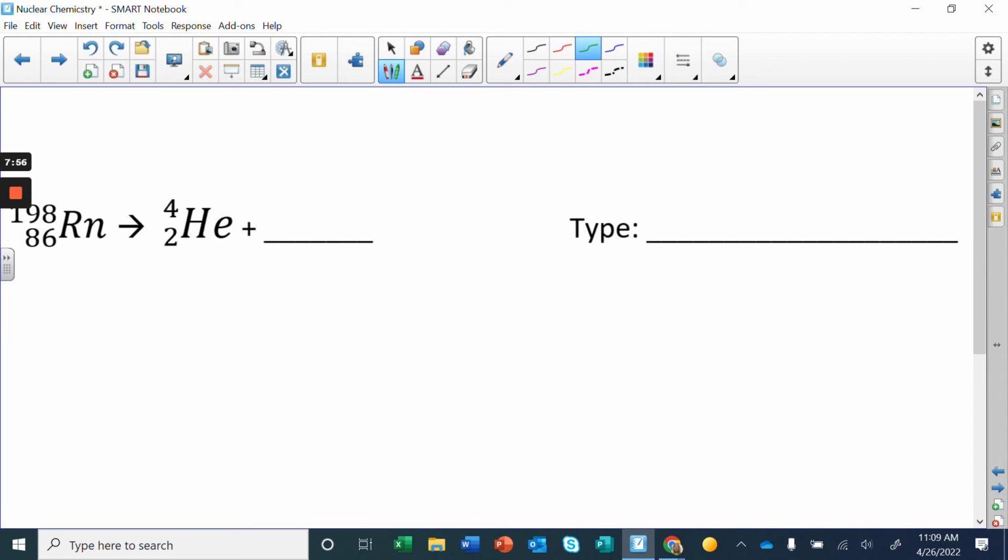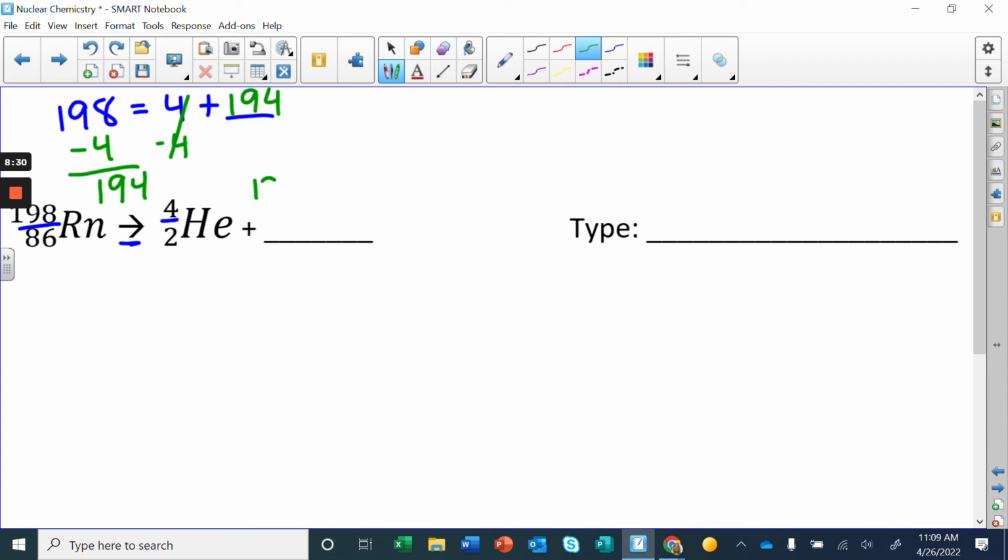Moving on to our next one. Here, this one looks a little bit different, but again, set it up like an equation. We're going to start with 198. The arrow is our equal sign. 4 plus blank. So to figure out our blank, we subtract 4 from each side. My 4's cancel out. 198 minus 4 should leave us 194.